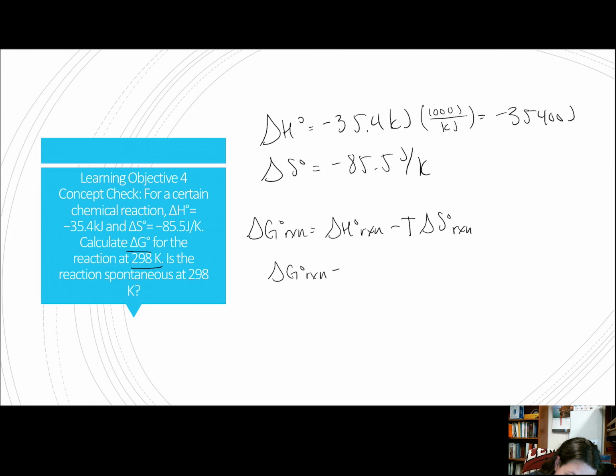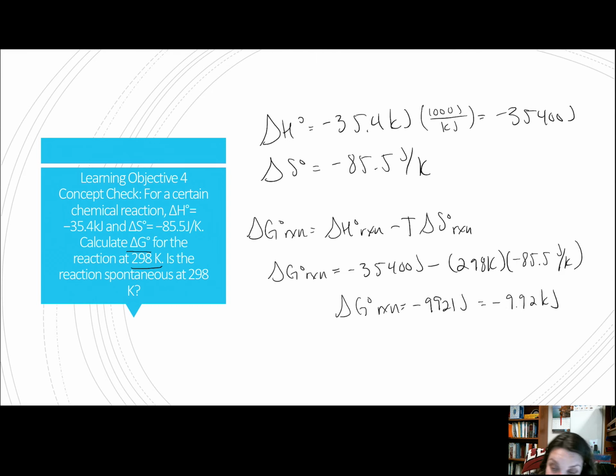So it's equal to negative 35,400 joules minus our temperature, 298 Kelvin, times our delta S, negative 85.5 joules per Kelvin. We'll cancel out our Kelvins, be left with joules, and we get a delta G naught of reaction equal to negative 9,921 joules, or negative 9.92 kilojoules, which is negative, so yes, this is spontaneous.